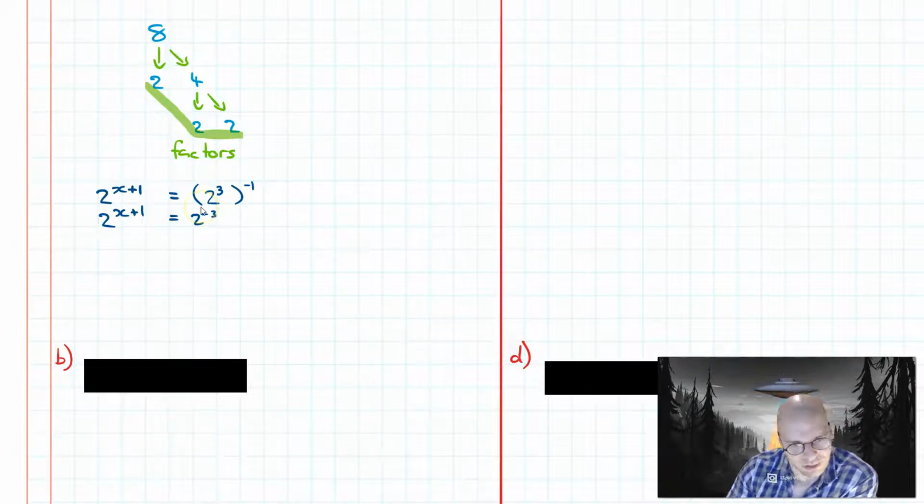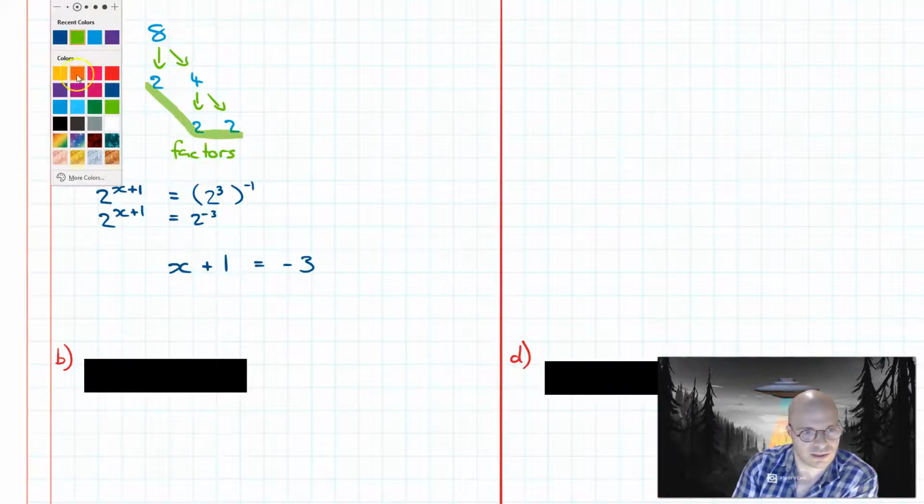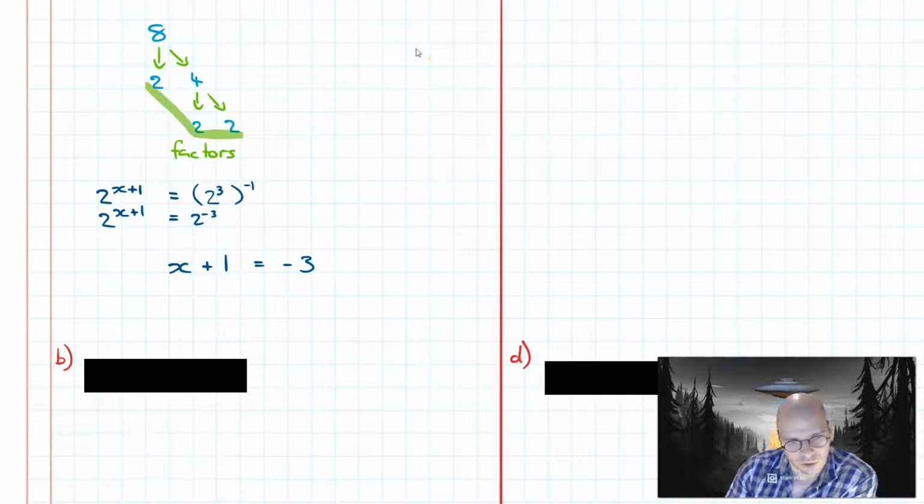So our next step is we can take both exponents and equate them such that x plus 1 is now equal to -3. Solving for the unknown, we have a constant on the left, we don't want it there, so we take 1 from both sides, and that results in x being equal to -4.